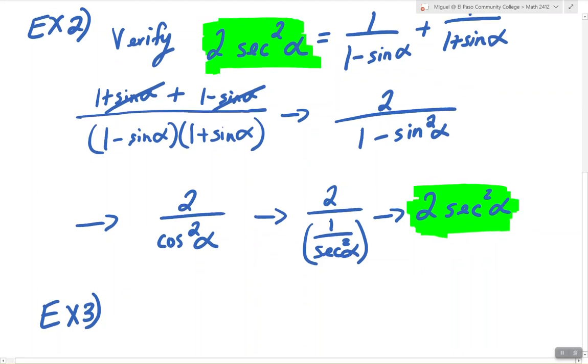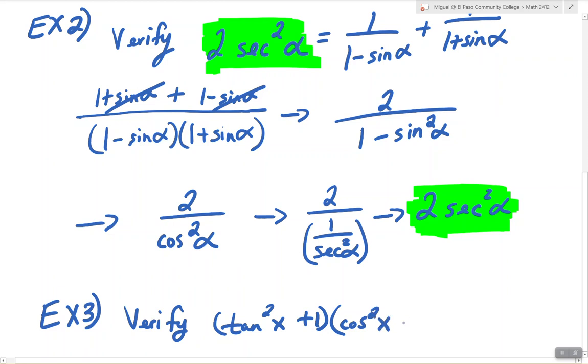Example 3, verify: tangent of x squared plus 1, close parentheses, times cosine squared x minus 1 is equal to negative tangent squared of x.